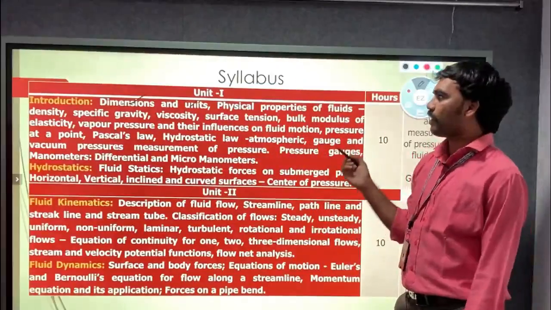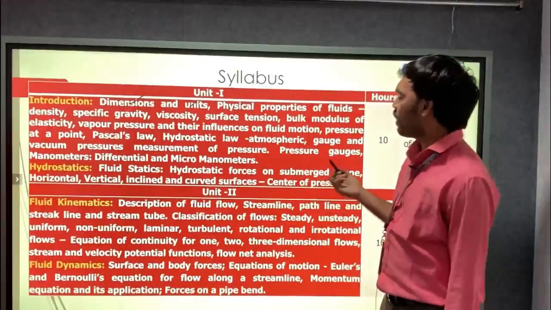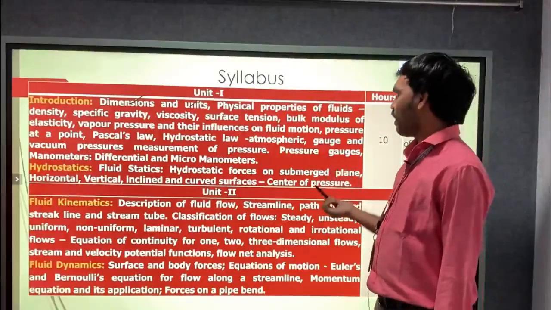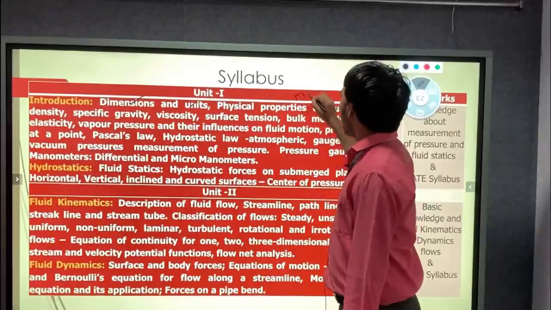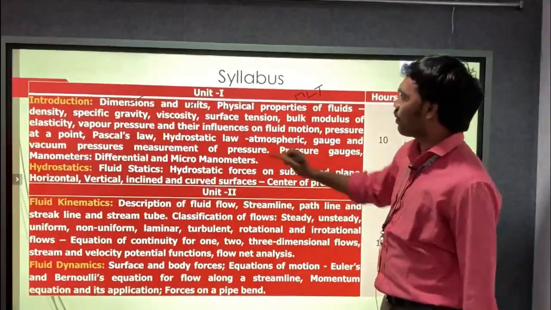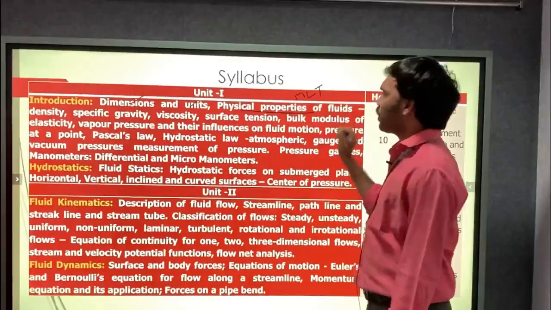We all know that there are three basic dimensions: mass, length and time, so M, L, T. This we will discuss in the first unit, and we are also trying to understand the physical properties of the fluid.